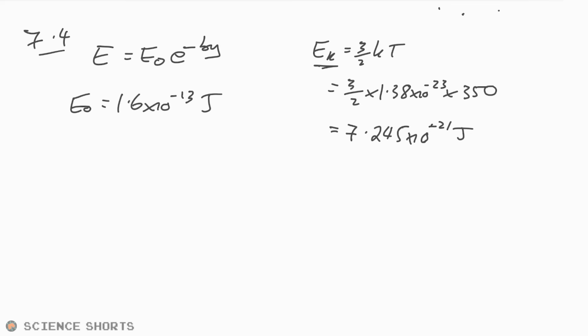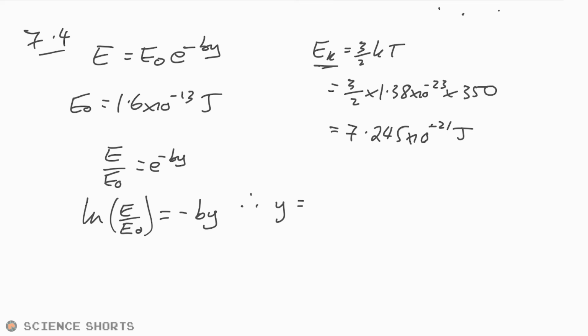So let's get our E's on the same side. So E over E0 is equal to e to the minus by, and so we're going to log that. So log of E over E0 is equal to just minus by. So y is equal to minus the log of these divided by b.